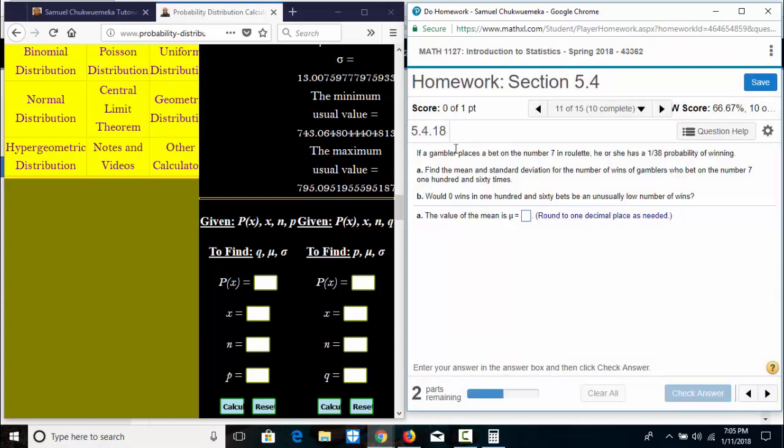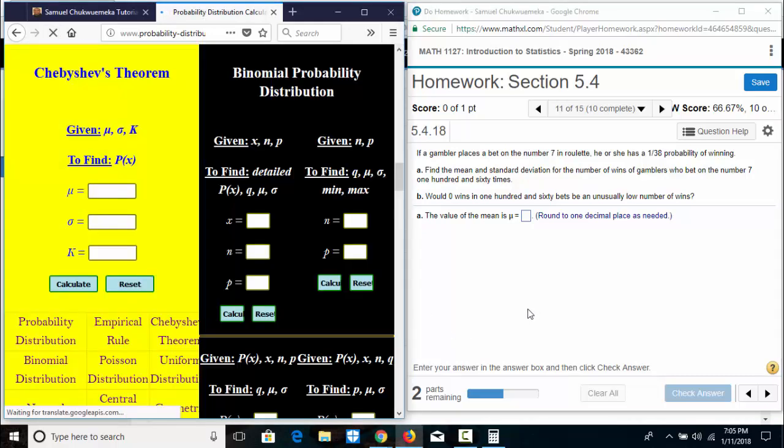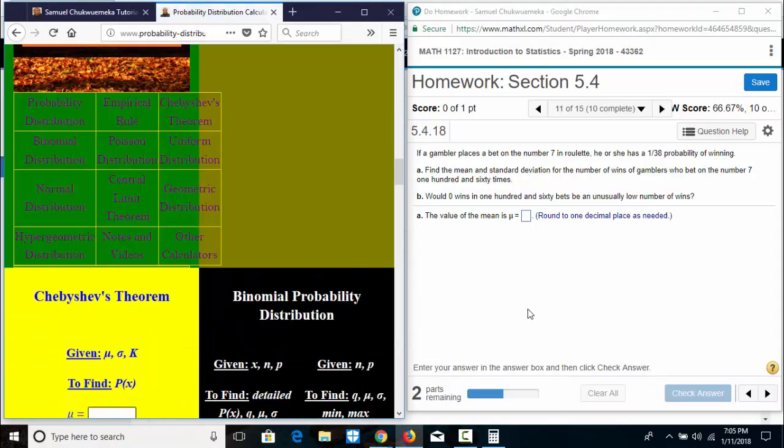Question 11. If a gambler places a bet on the number 7 in roulette, he or she has a 1/38 probability of winning. A. Find the mean and standard deviation for the number of wins of gamblers who bet on the number 7 160 times.